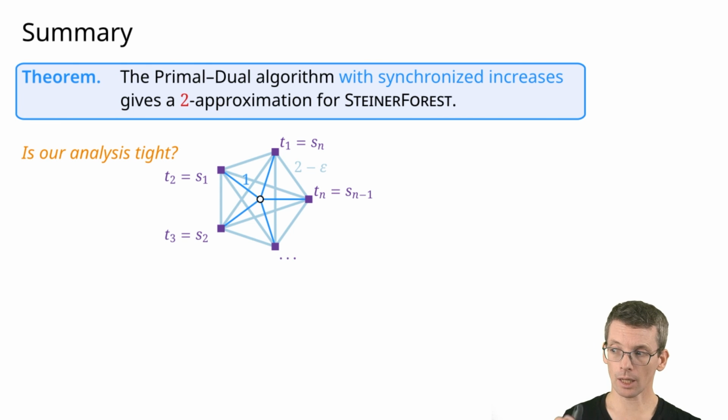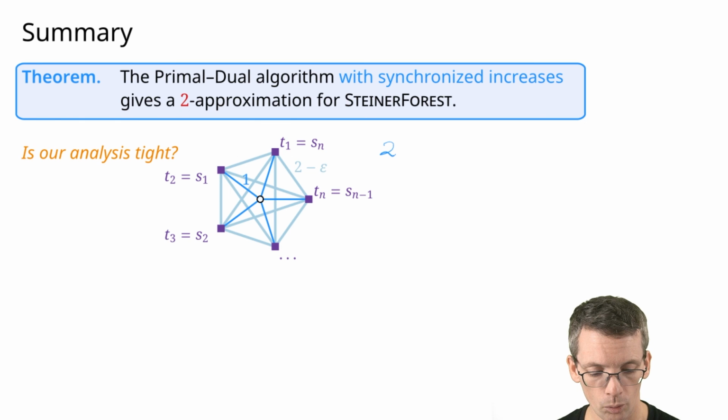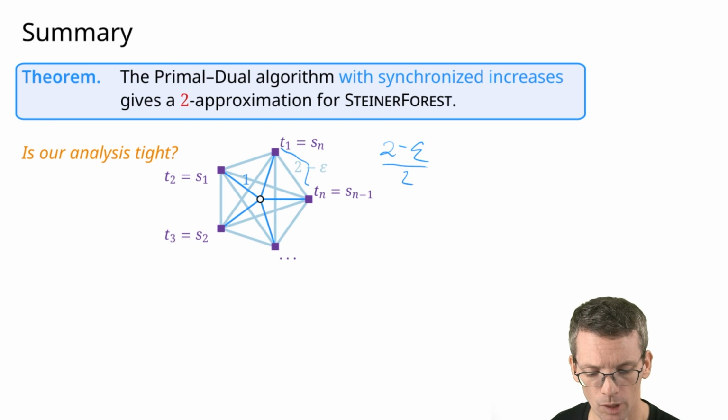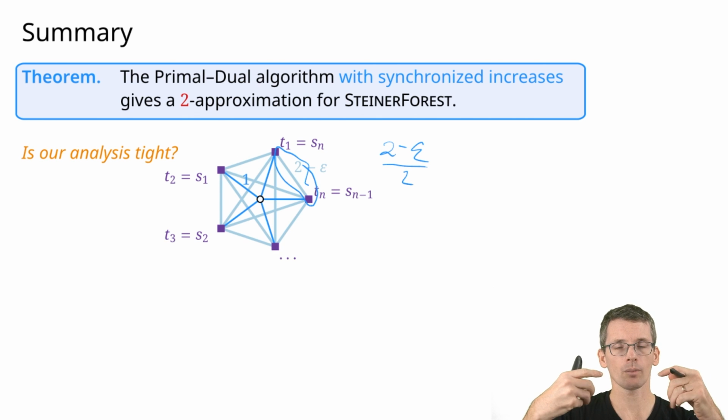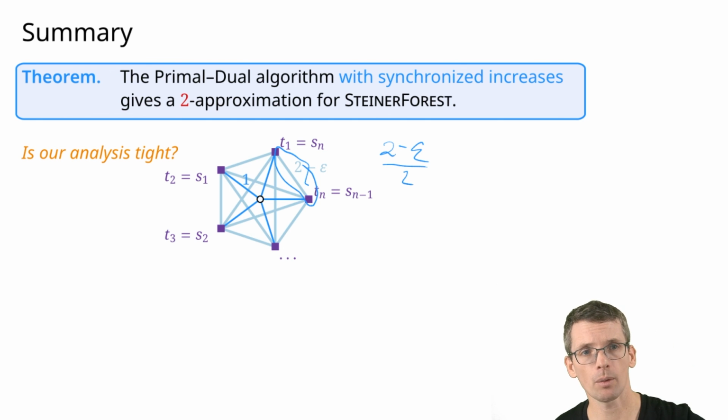And now if I start increasing the dual variables, they will actually stop at (2 minus epsilon) over 2. Because at that point, each of these edges, I mean such an edge here, includes 2 of the terminals, at that point the y values will add up to the cost of that edge. So there we're going to stop.